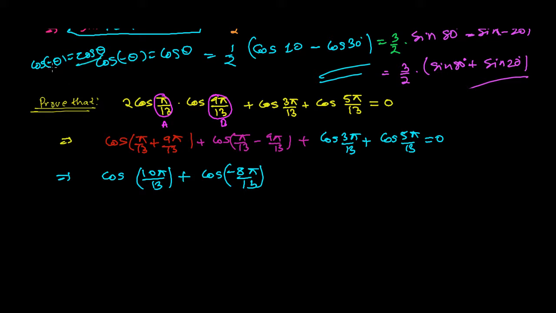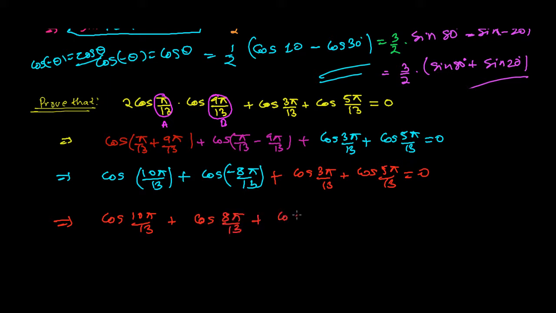So cos minus theta is actually cos theta, and cos of negative 8 pi over 13 is cos of positive 8 pi over 13. So in the next step we get cos 10 pi over 13 plus cos 8 pi over 13 plus cos 3 pi over 13 plus cos 5 pi over 13 equals 0.